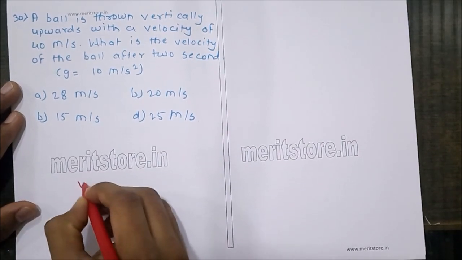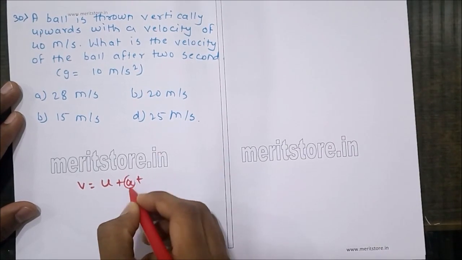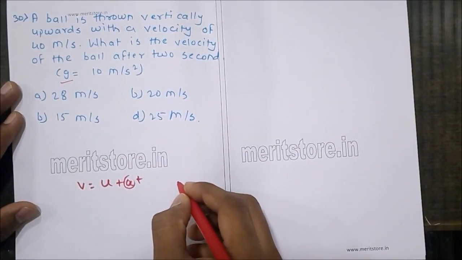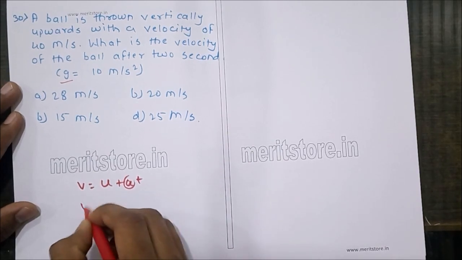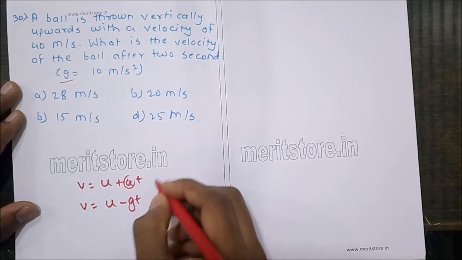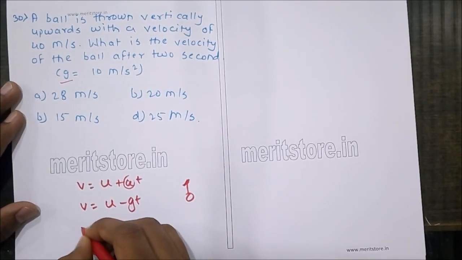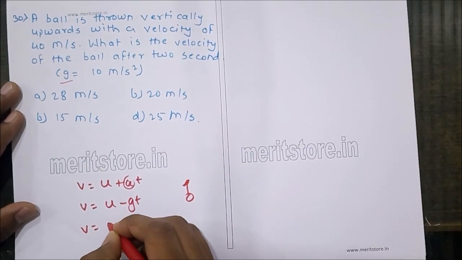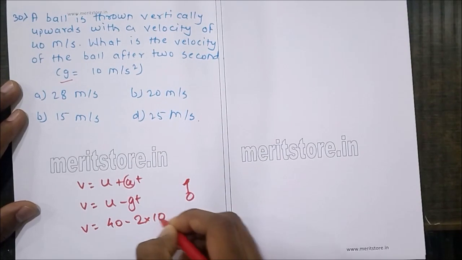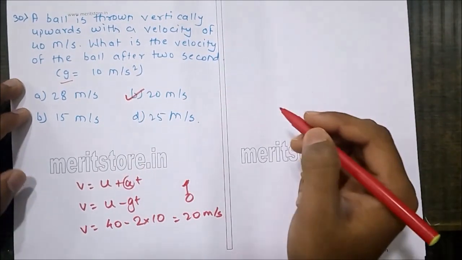Using the kinematic equation v is equal to u plus at, the acceleration here is nothing but g, and since it is opposing the motion, v is equal to u minus gt, since it would cause a retardation when the ball is thrown vertically upwards. So v is equal to 40 minus 2 into 10, which is equal to 20 meters per second. Hence option B is the correct answer.